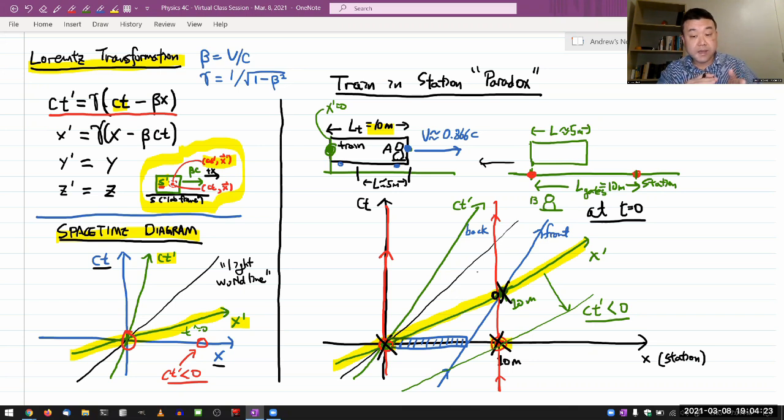And if we were to try to mark these positions, maybe Alice can drop a bag as she's passing by the station. So she drops a bag at x equals 0, and she drops a bag here.